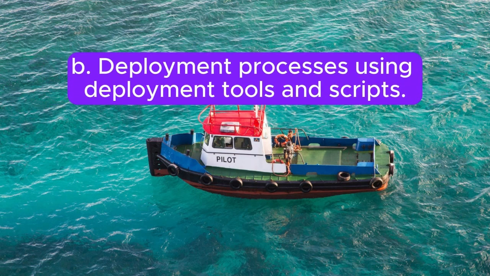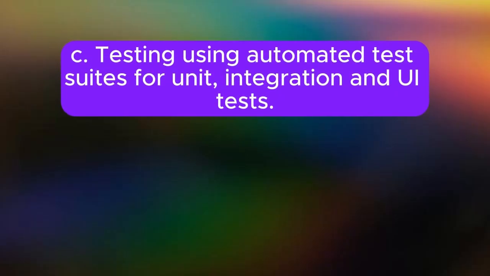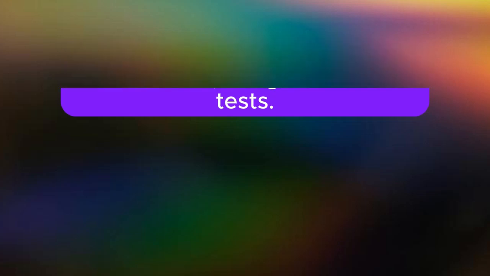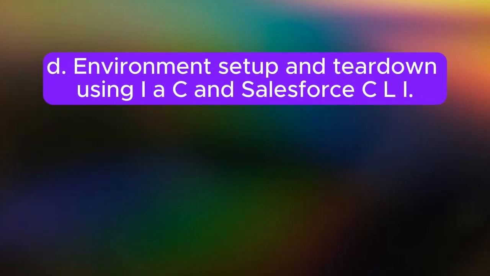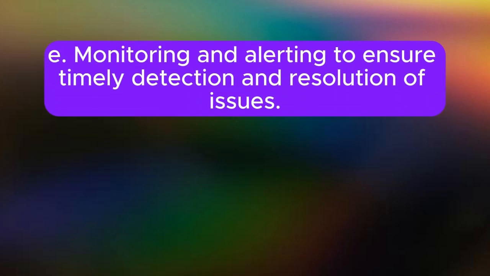B. Deployment processes using deployment tools and scripts. C. Testing using automated test suites for unit, integration, and UI tests. D. Environment setup and teardown using IaC and Salesforce CLI. E. Monitoring and alerting to ensure timely detection and resolution of issues.